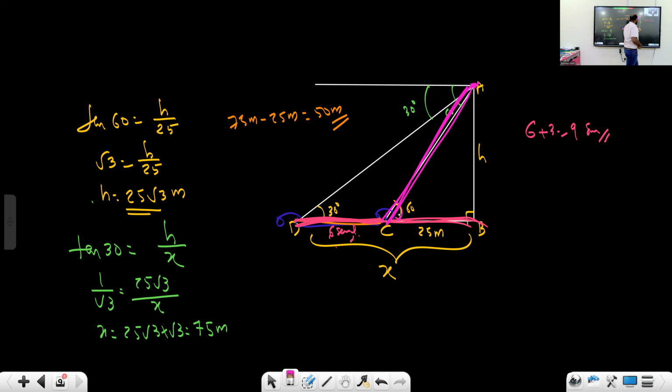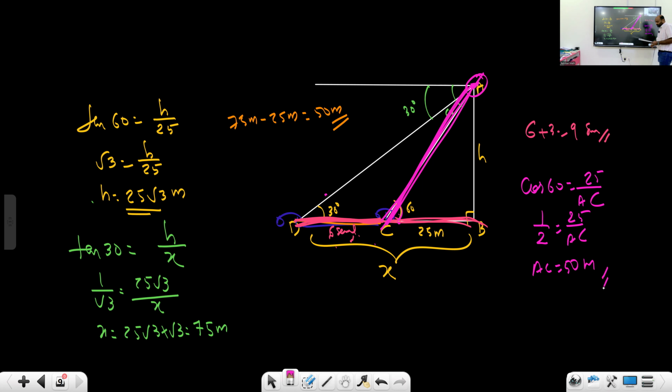In triangle ABC, the observer is here only, and the distance from the observer to the car at 60 degree, not 30 degree. Clearly mentioned 60 degree. In triangle ABC, cos 60 equal to 25 by AC. What is cos 60? 1 by 2. What is AC? 50 meter. 50 meter is the answer.